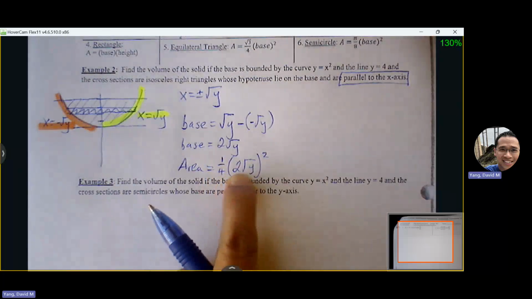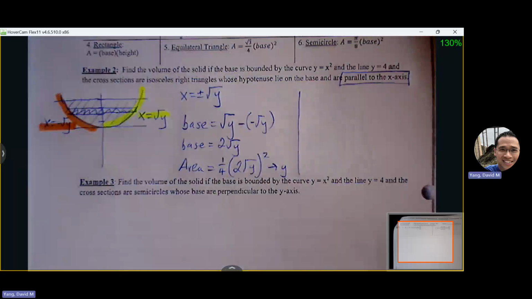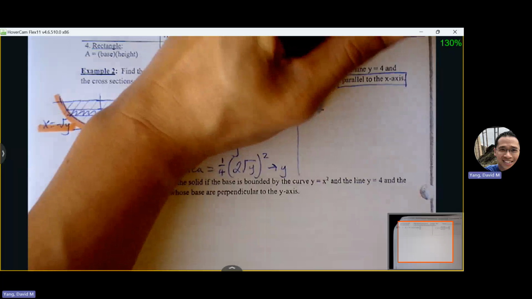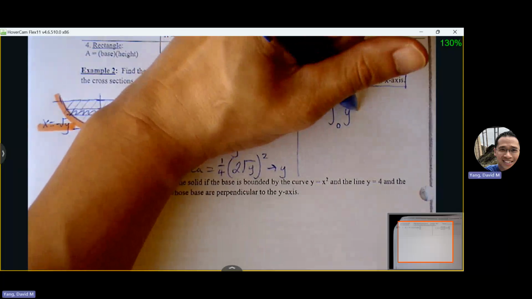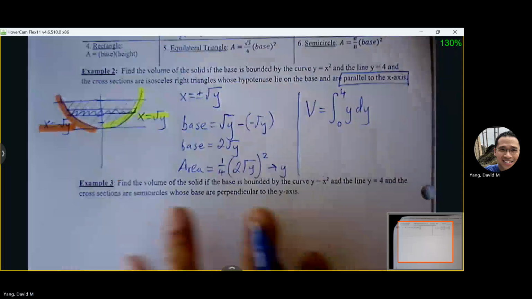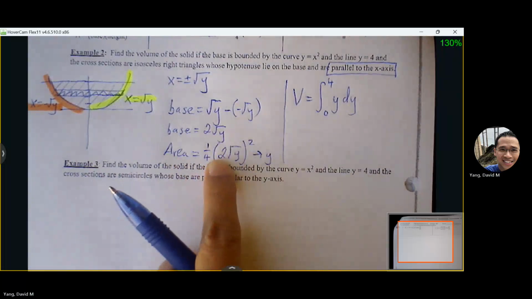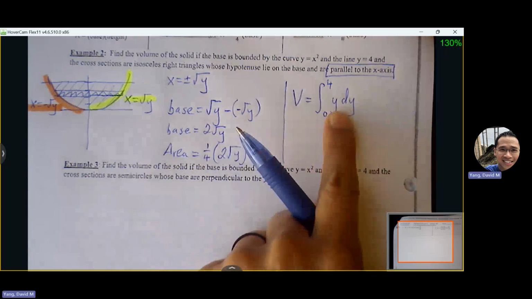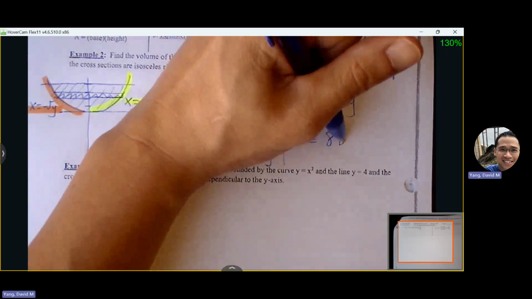We get 4y over 4, which is equal to y. And once we find our area, then we're just surrounding it with the integral and dy notation. So our volume is just the integral from 0 to 4 of y dy. We've already cleaned all this up. Plug it in the calculator or work it out by hand. This will end up giving us 8 cubic units.